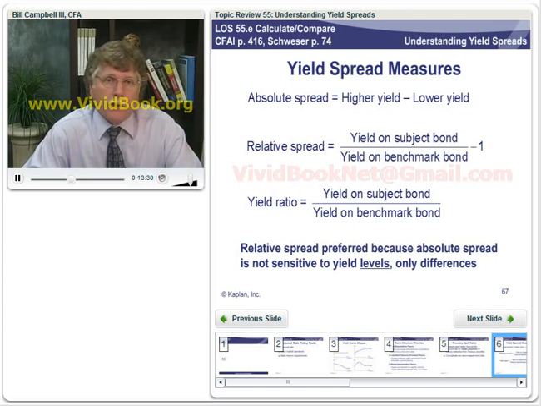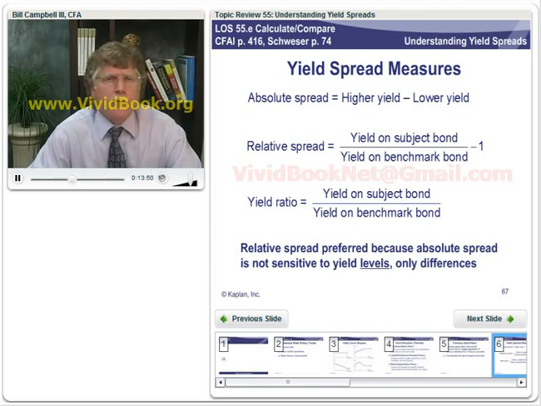So we might talk about the yield spread of a 5-year corporate bond versus a 5-year Treasury bond, or a 3-year corporate bond versus a 3-year Treasury bond, or a 10-year municipal bond versus a 10-year Treasury bond. That's what we mean when we're talking about yield spreads.